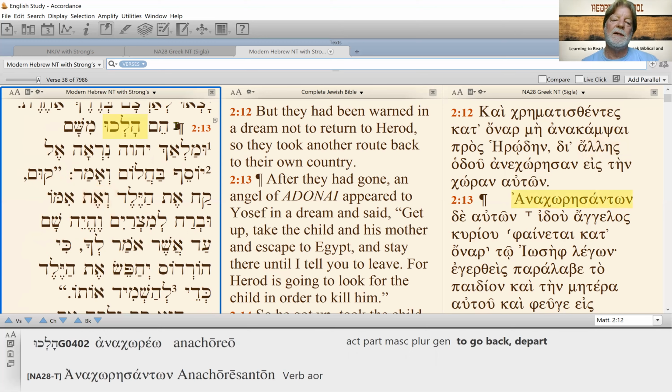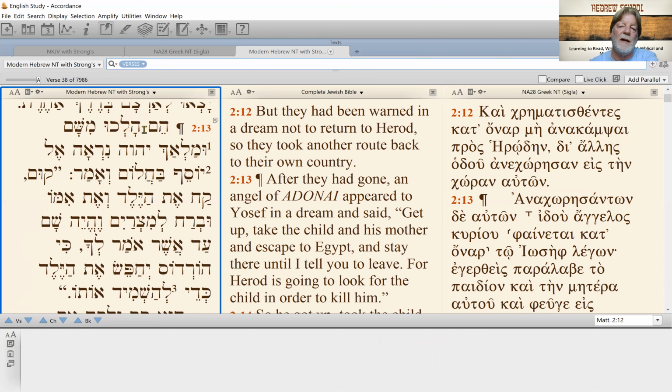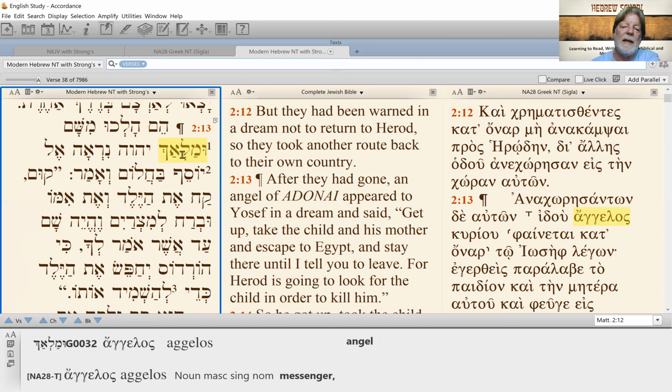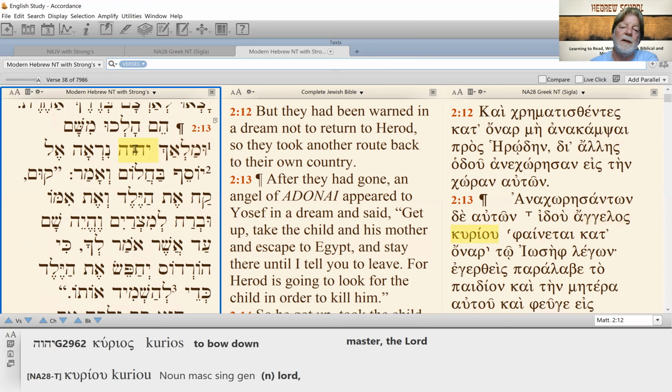Chem, halaku, halak is to walk or travel. They traveled, misham, from there. Malach is the Hebrew word, and an angel of Adonai or Yahweh, an angel of Yahweh. Now, I think we've talked about this before. An angel of Yahweh is sometimes an appearance.